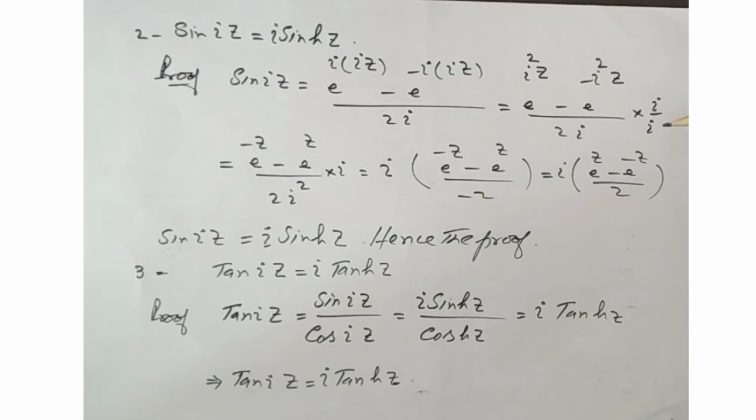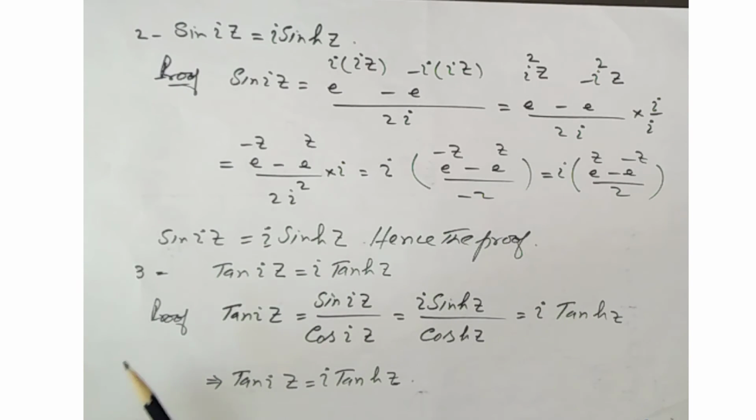We multiply and divide by iota here. Now this becomes e to the minus z and e to the plus z here. And iota into iota becomes iota square, which is equal to minus 1, so this becomes minus 2. So after simplification, this becomes iota into e to the z minus e to the minus z divided by 2, and this is the formula for sin hyperbolic z. So it is proved that sin iota z equal to iota sin hyperbolic z.